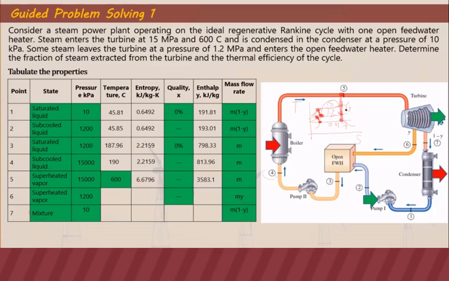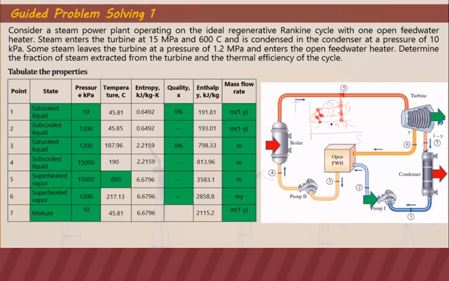For point 6, you can see that 5, 6, and 7 have the same entropy. So we can use that entropy, as well as the pressure at point 6, to get the other unknowns. And same also with 7, since this is an isentropic process. So 5, 6, and 7 have the same entropy, and we use the pressure to get the temperature and the enthalpy.